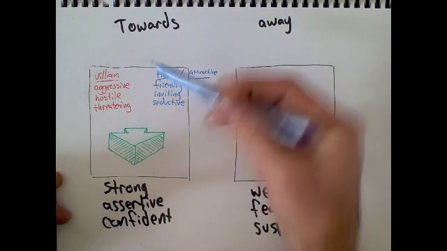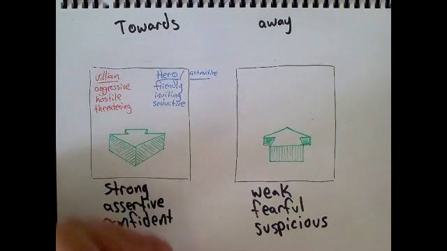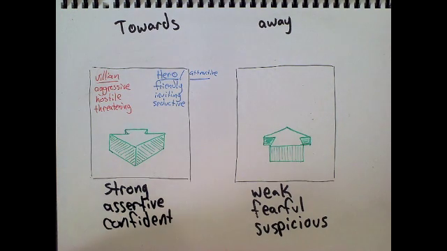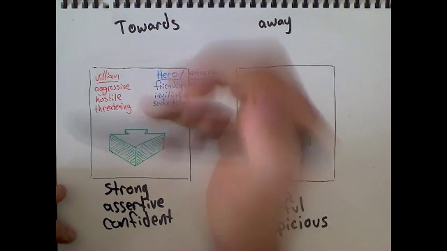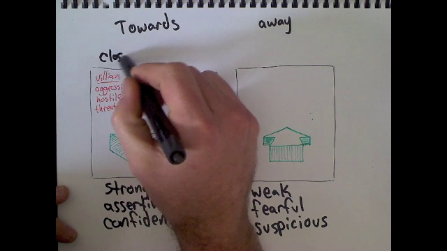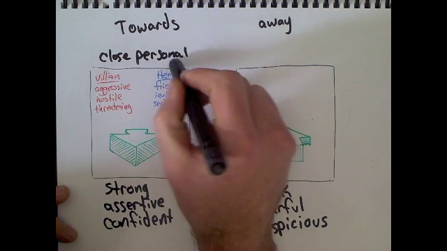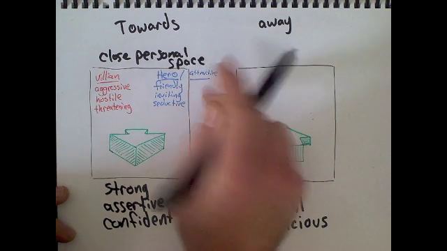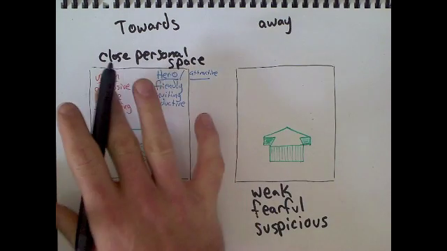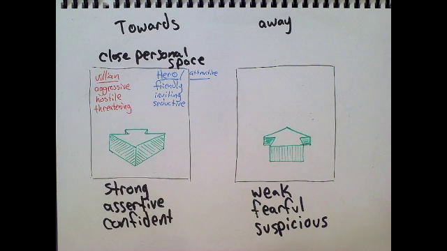The whole idea is that you're closing personal space. And when you close personal space, if you like that person, it's a good thing. If you don't like the person and they're a villain, closing the personal space is bad.